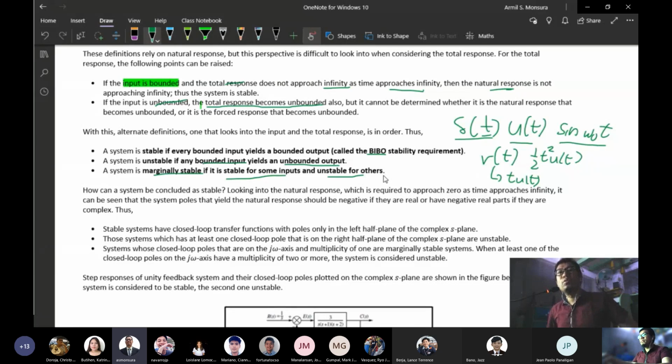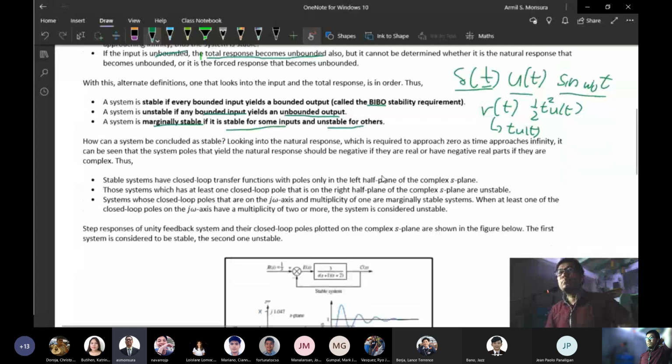So, kung halimbawa ang input niyo ay sinusoidal at ang output niyo naging sinusoidal din, then more or less stable yung system niyo. Yun nga lang, di natin masabi kung siya ay stable or marginally stable. So, doon lang medyo magkakaroon ng konting confusion or konting ambiguity.